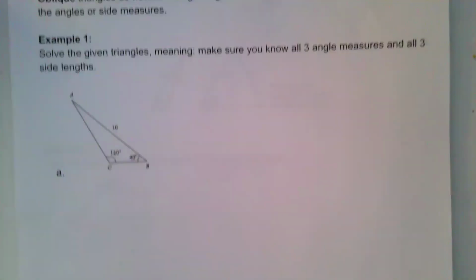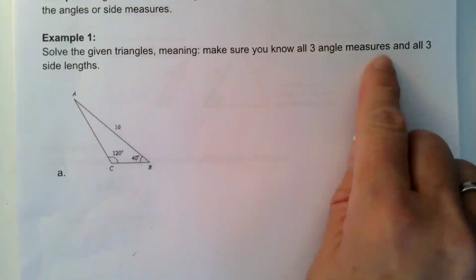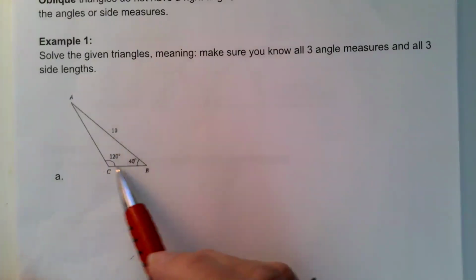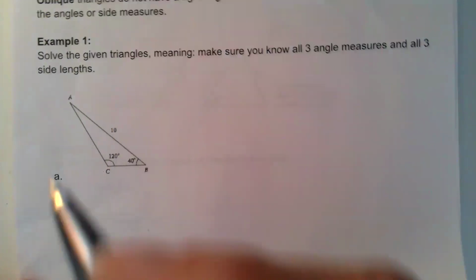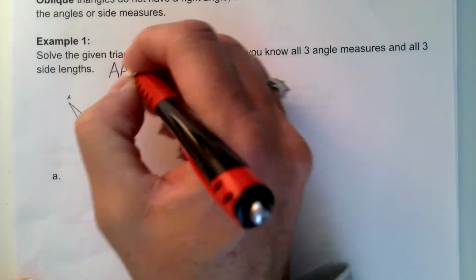In example 1, they want us to make sure we know all three angle measures and all three side lengths. So in this example here, we have angle, angle, side, just so we know what we're working with.